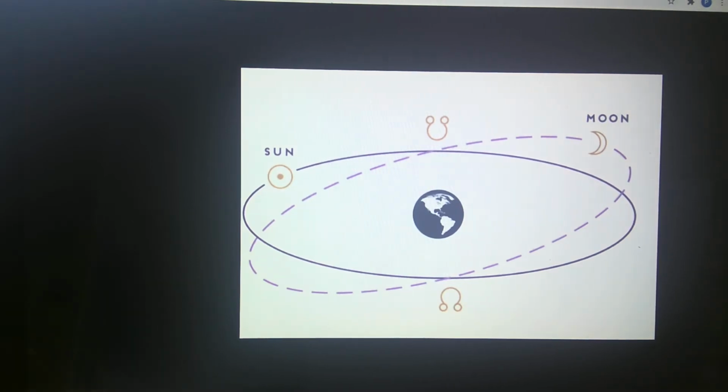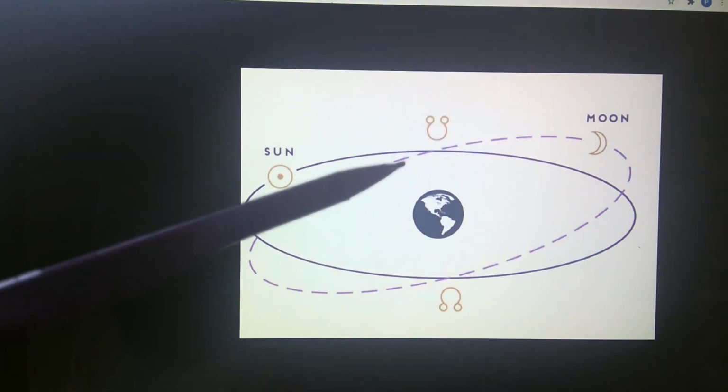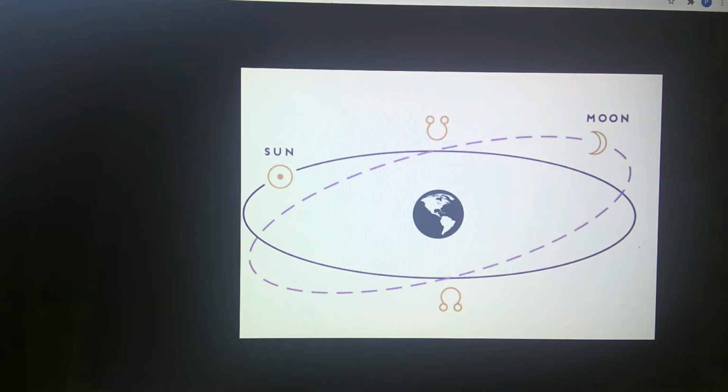So you'd have, say, the constellation of Libra back here behind the sun if it were Libra season, late September, early mid-October. And so the moon is touching this ecliptic at 2 points as it ascends, which is the north node, and as it descends, it touches it again, and that's the south node.